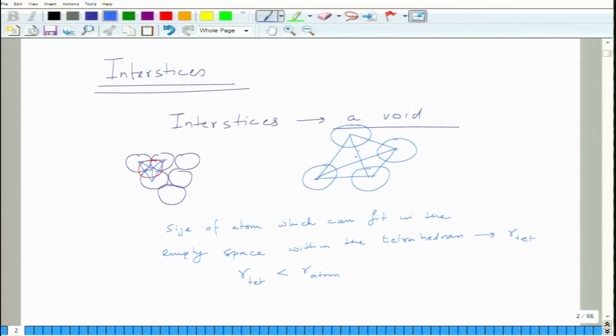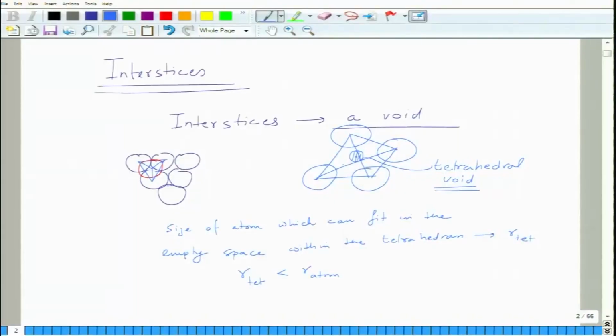This space in which a smaller atom can sit is called a tetrahedral void. So you have a tetrahedral void here. Similarly, you can have a tetrahedral void underneath. As long as you have this 4 atom body which is symmetric in nature, a regular tetrahedron, you will have a tetrahedral void.